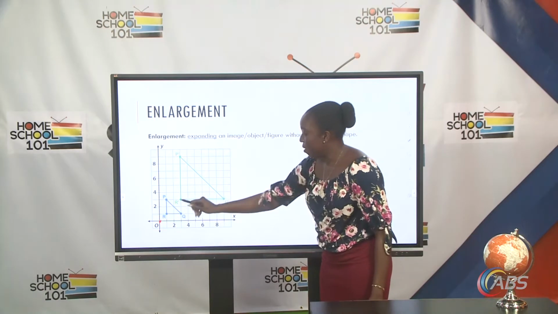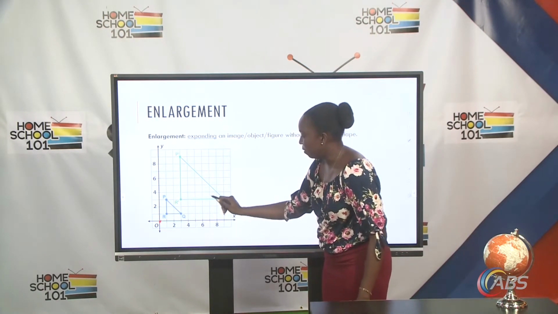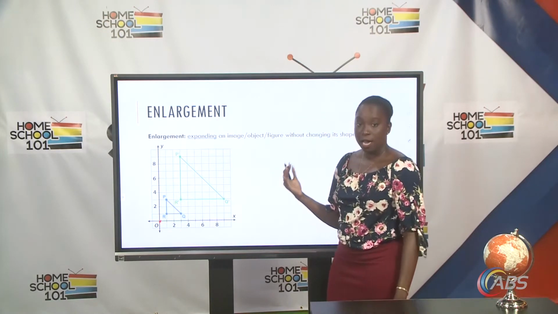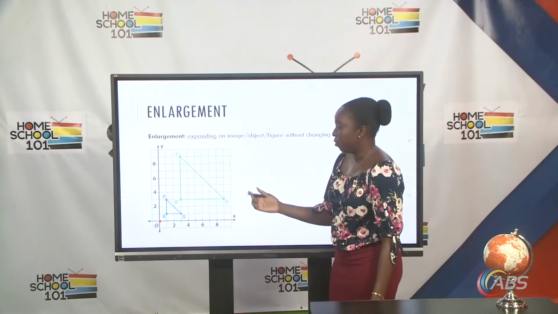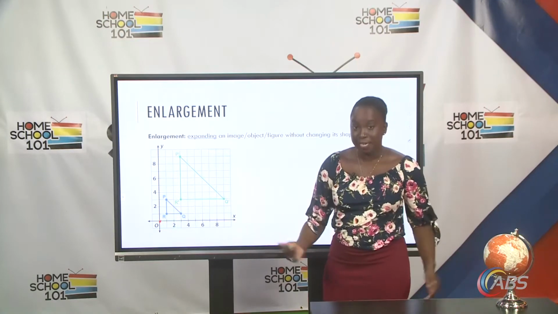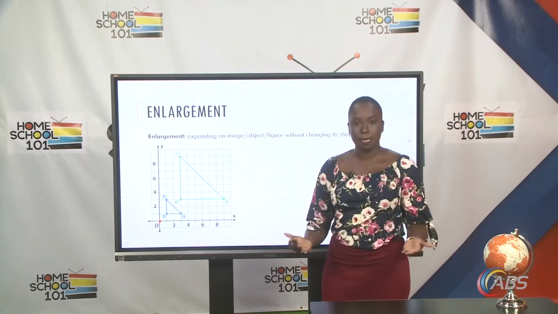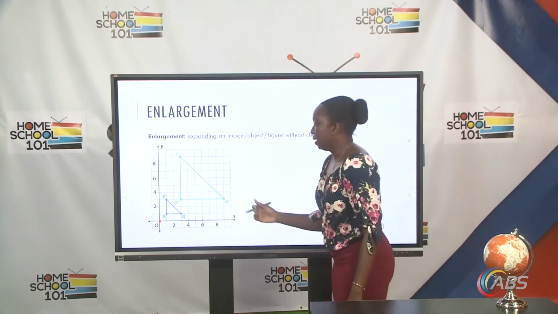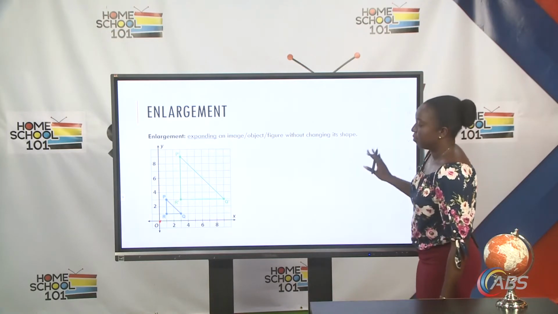And if I count R prime to Q prime, I'll count 1, 2, 3, 4, 5, 6. So I'm counting 6 on the enlarged object and 2 on the original object. And so if I divide 2 into 6, I'm going to get 3. So you see, there's more than one way to come up with the same answer. I guess it just depends on your preference or which one comes easiest to you, okay? So this is an enlargement by a scale factor of 3.